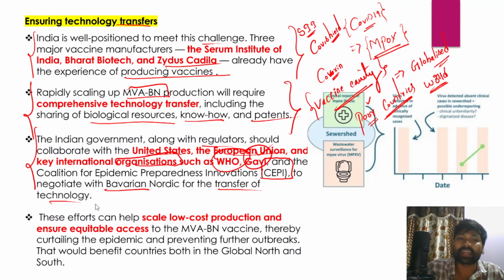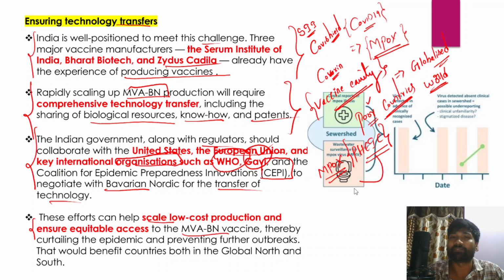These efforts can help in rapidly enhancing the production of low cost vaccines, and production of low cost vaccines on a large scale will also ensure equitable access to the MVA-BN vaccine. That is very important, because we all know that mpox has been emerging as a public health emergency of international concern, and we should keep this in mind and rapidly scale up vaccine production.